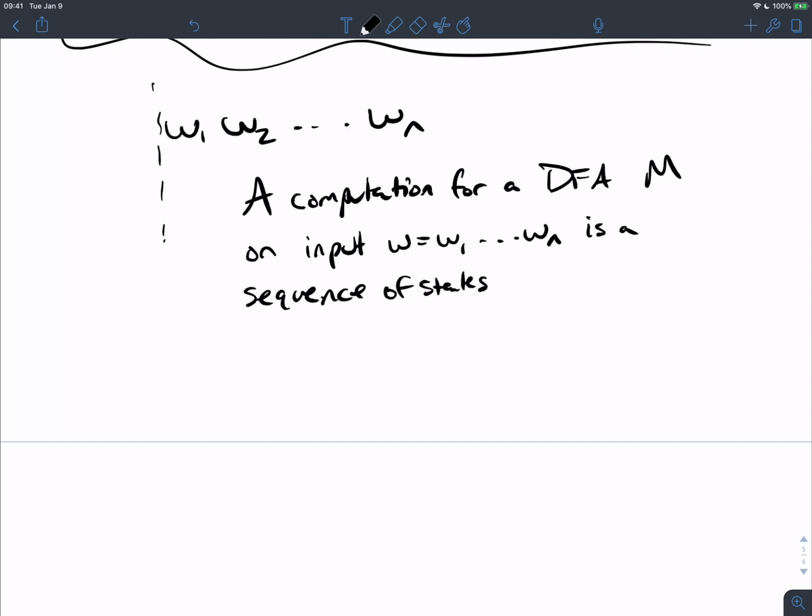And we just figured out it is exactly n plus 1 states. So we actually know how many states we're going to see. Let's give them names: R0, R1 through Rn.